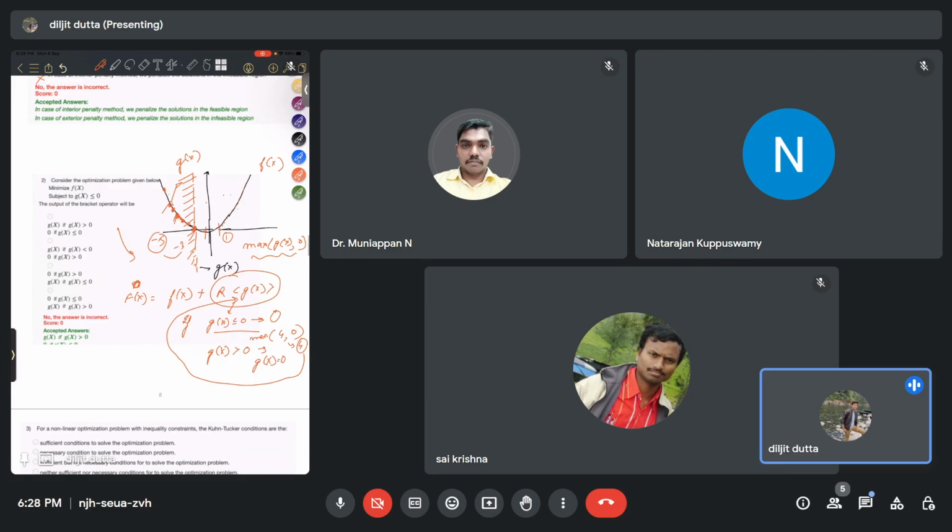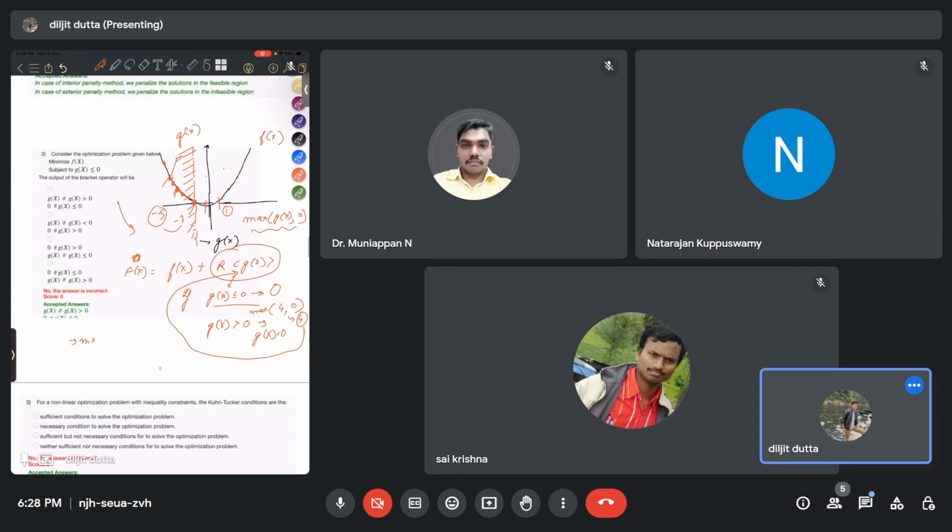So we are having the maximum of v(x) comma 0 as the penalty function in this case. So how do we write this maximum function? One thing is, if g(x) is greater than 0, we are getting it as g(x) only.